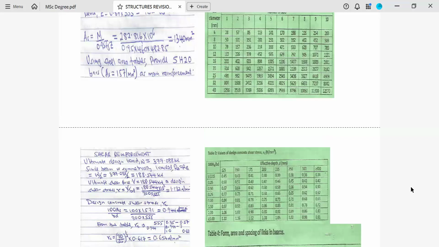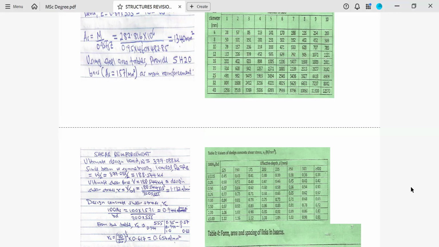In that particular manner, it means the end reactions are equivalent and can be obtained by taking the total load divided by 2. Then the ultimate shear force is the same as the end reaction. So our ultimate shear force will be 188.544 kilonewton, and design shear stress.